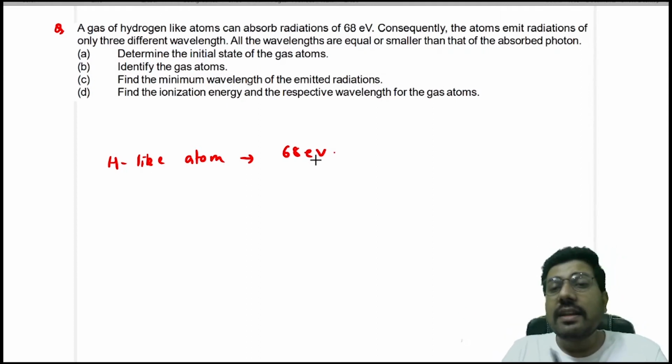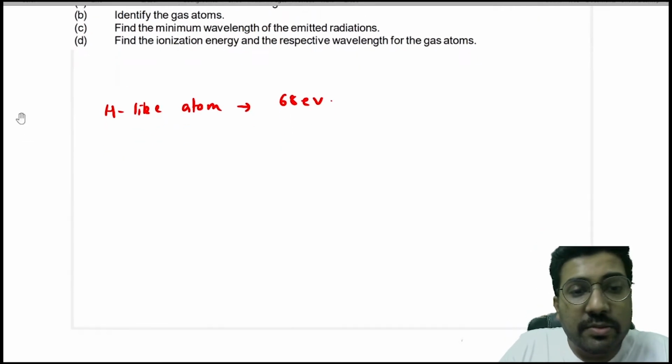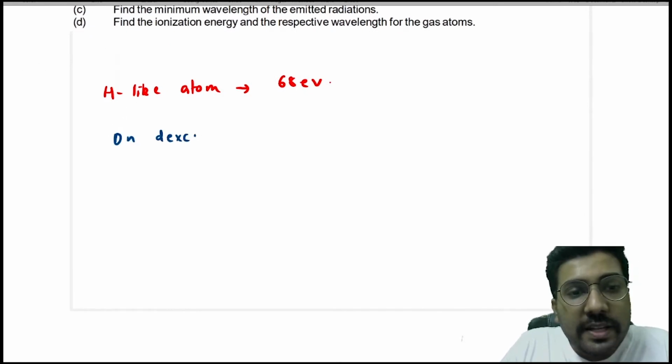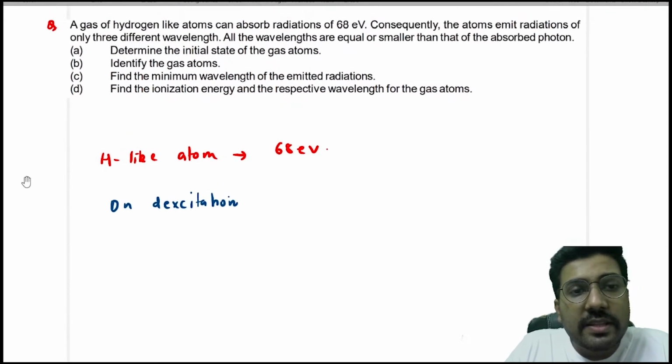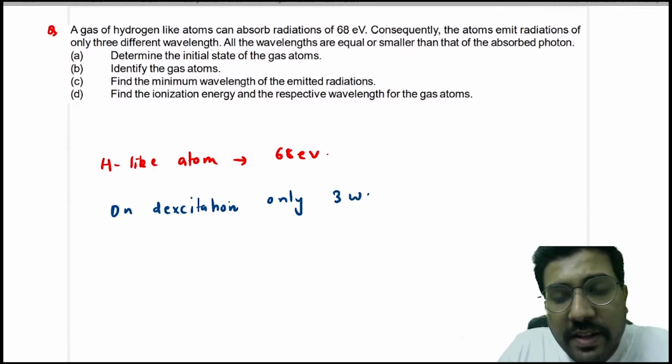Consequently, the atom emits radiations of only 3 different wavelengths. So that means on de-excitation, only 3 wavelengths are emitted.